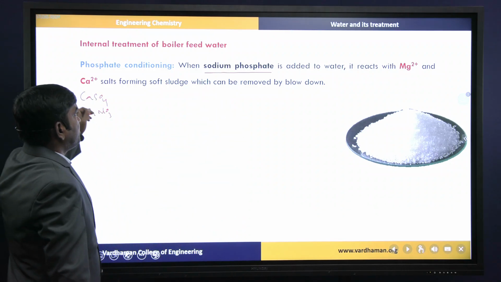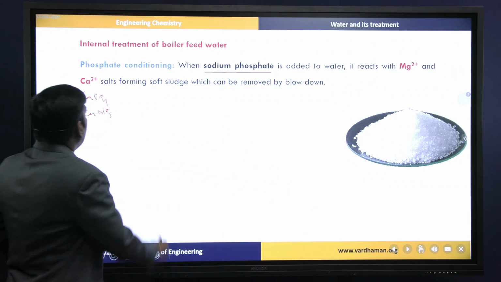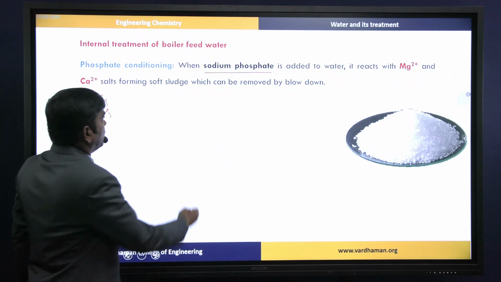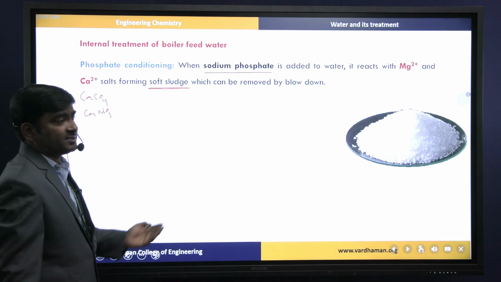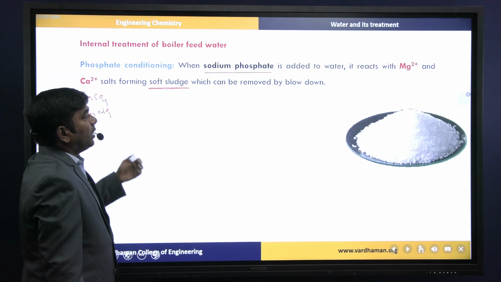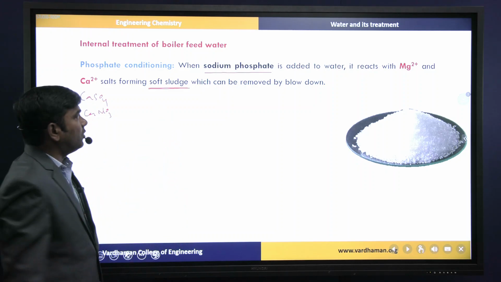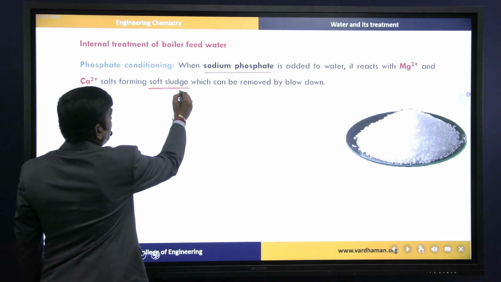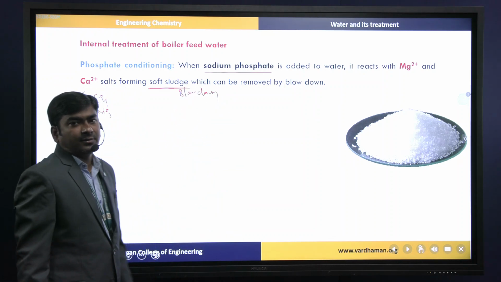This phosphate reacts with calcium plus 2 and magnesium plus 2 salts, and those are converted to soft sludges. When scale forming salt is converted to soft sludge, as we discussed in our previous classes, soft sludge can be removed by a simple blow down operation.